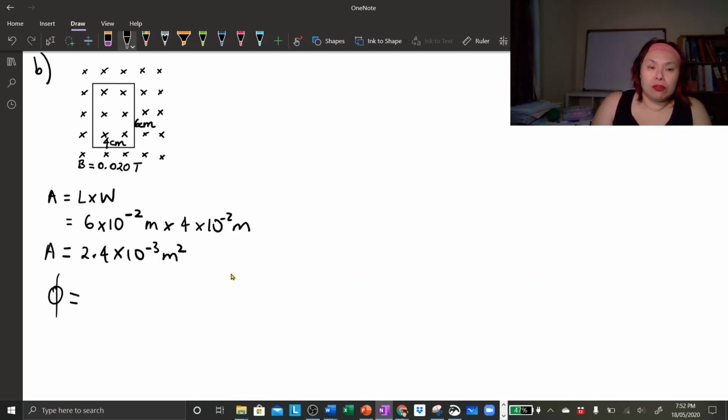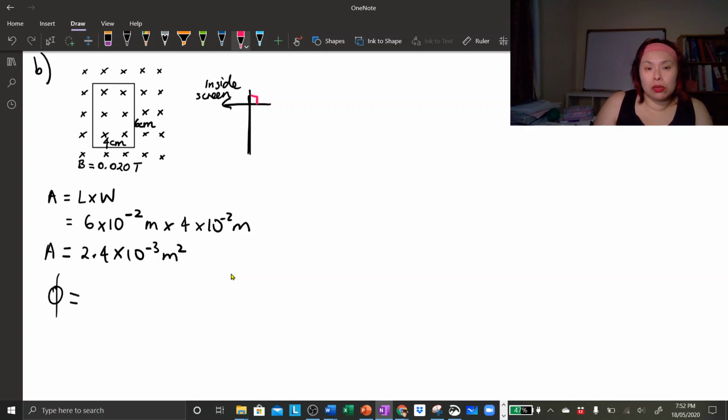Now, if we think about it, if this is our piece of paper, like we're looking at it from the side, and our loop is actually turned on the side like this, the magnetic field is going into the paper, or inside the screen, or inside your notebook. As we can see here, they're at right angles to each other.